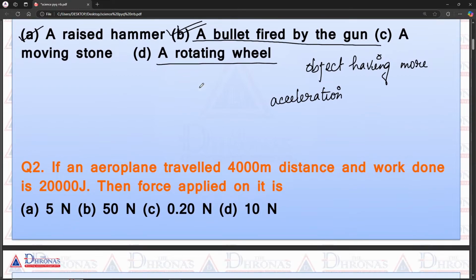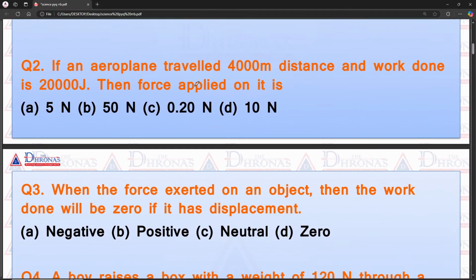Next one is, if an aeroplane travels a 4,000 meter distance and the work done is 20,000 joule, then the force applied on it is. So what is the formula for work, distance and force? Work is equal to force into displacement. So here, work done value is 20,000.